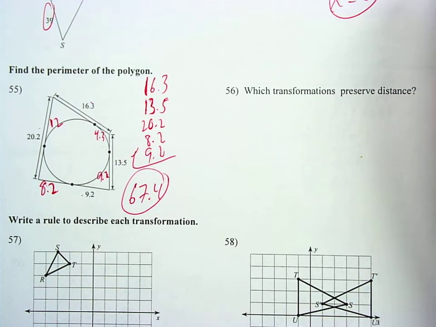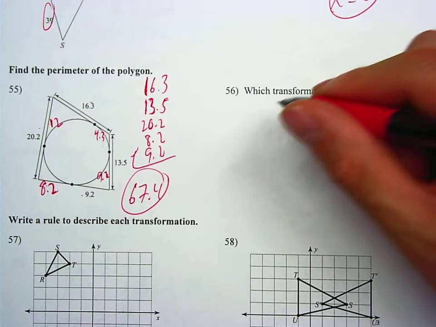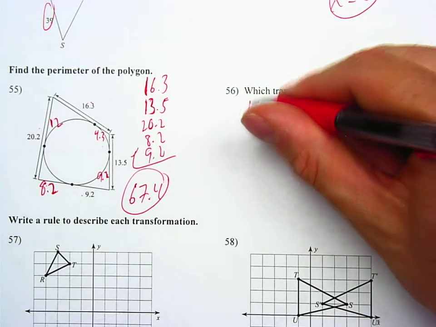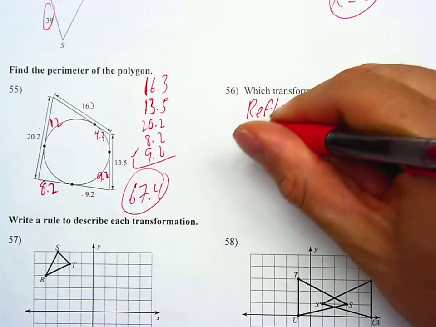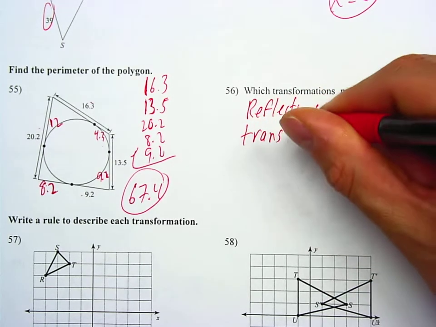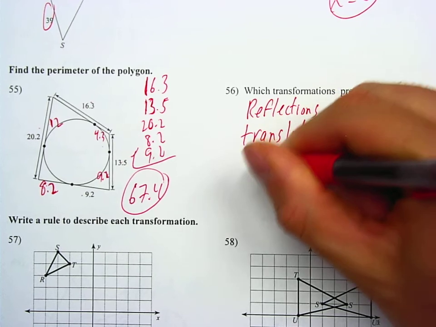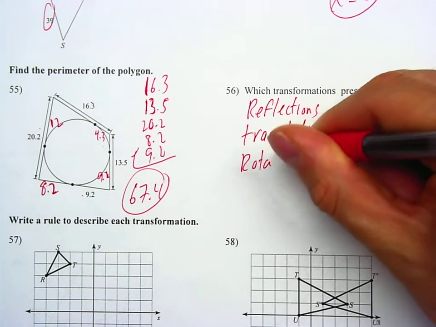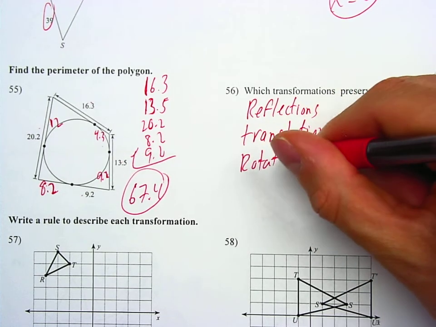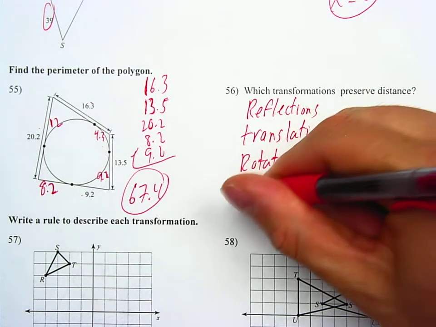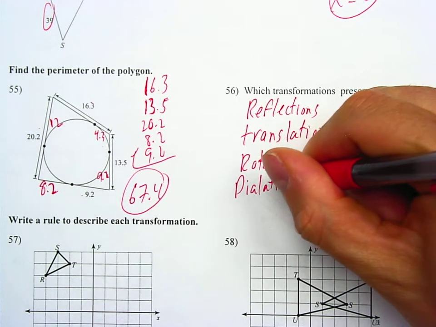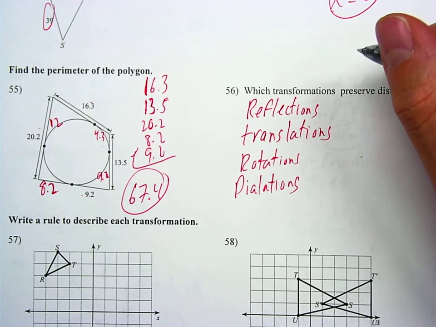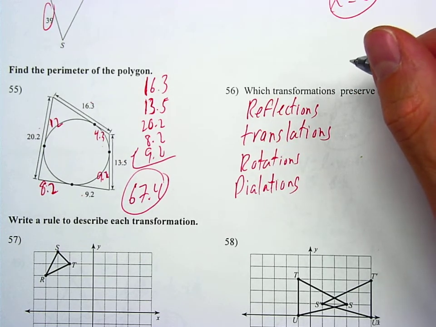All right, transformations that preserve distance. There are 4 types of transformations. There are reflections, translations, rotations, and dilations. 3 of these 4 preserve distance. The one that does not preserve distance is the one that makes the shape bigger or smaller.